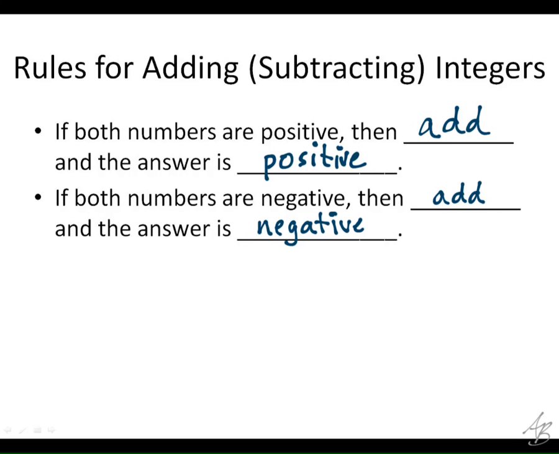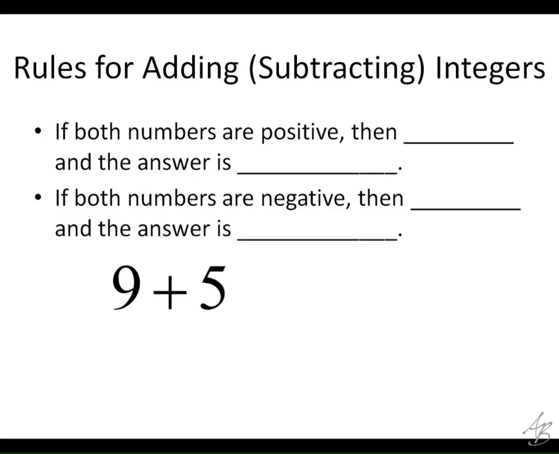So if both numbers are negative, if we have something like negative 2 plus negative 3, we add the 2 and the 3 together and get 5. But if it's a negative 2 and a negative 3, it's going to be a negative 5 when we combine them, or when we add them. All right, so something like 9 plus 5, we add them together, and the answer is positive.